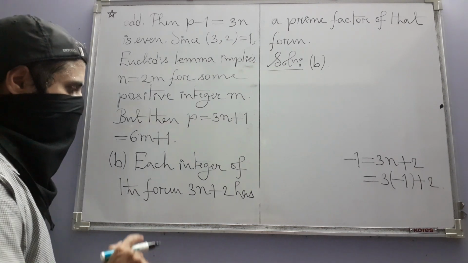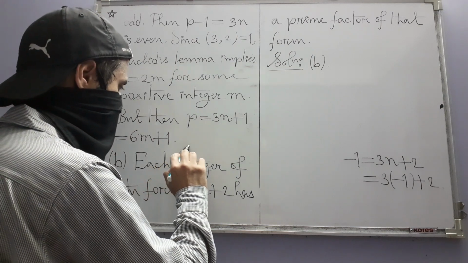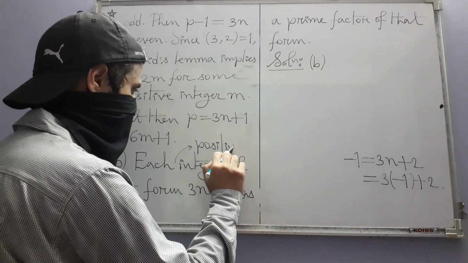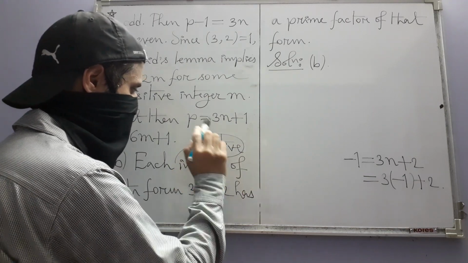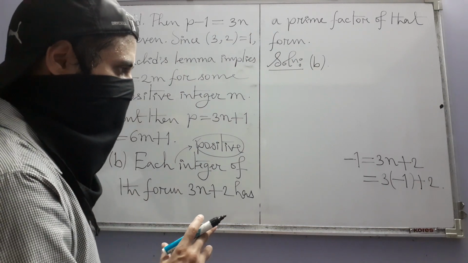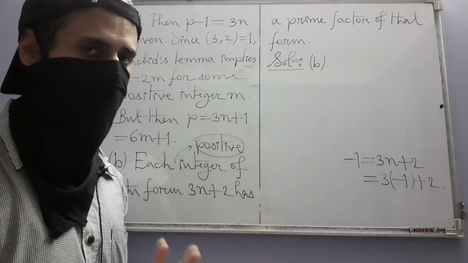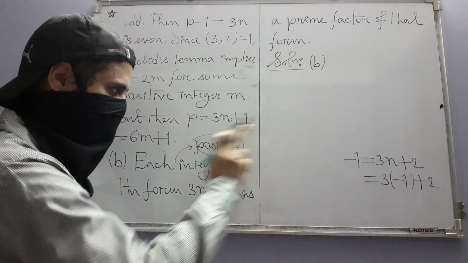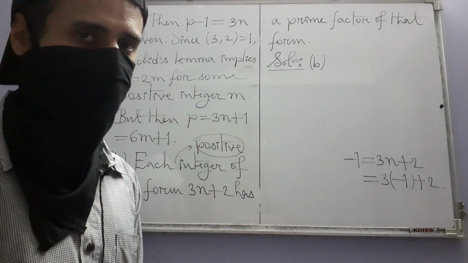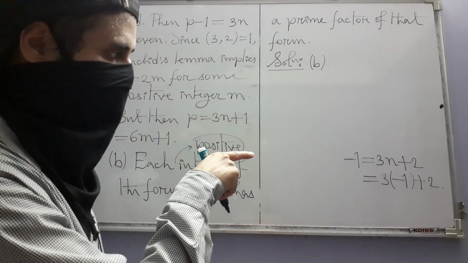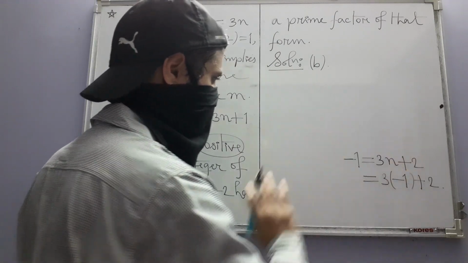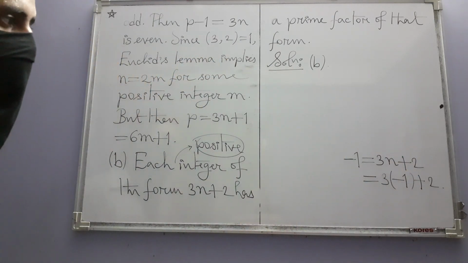You can include the adjective positive here if you want, because although we can consider integers, we have this problem and the claim is strictly speaking not true because of that. You can see that -1 is also an integer of the form 3n plus 2.